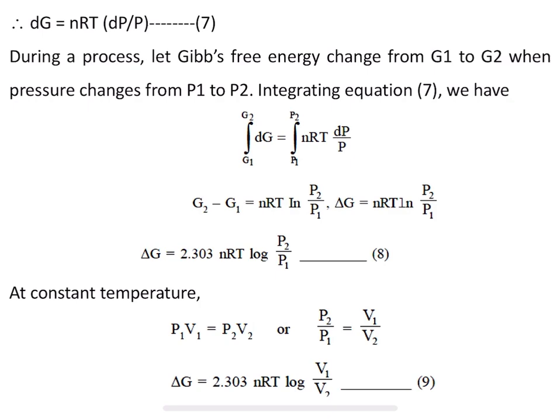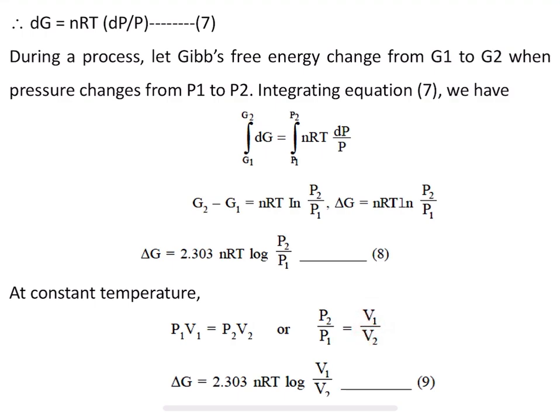Similarly, at constant temperature we know that P1 V1 is equal to P2 V2, or this can also be written as P2 divided by P1 is equal to V1 divided by V2. So in place of P2 divided by P1 we can write V1 divided by V2.